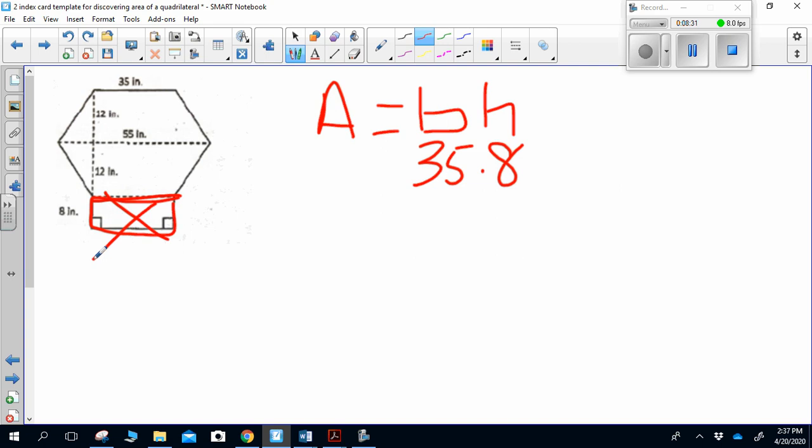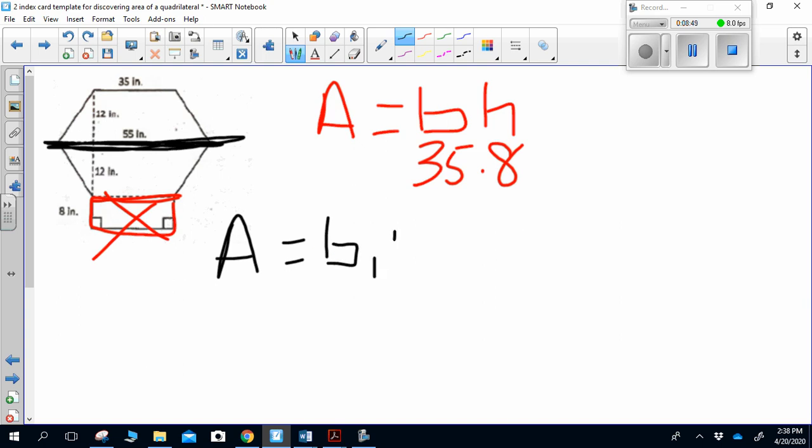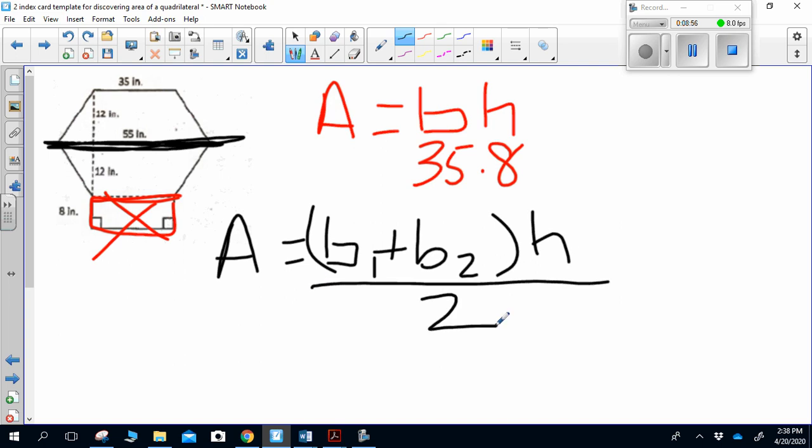And then when I look at the next one, I see, oh my gosh, a hexagon. So the hexagon could be all kinds of different things. But if I take my hexagon and I divide it into 2 sections, it's actually 2 trapezoids. So remember, my formula for the area of a trapezoid is area equals base 1 plus base 2, so the sum of the bases, times the height, divided by 2. So base 1 is 55.